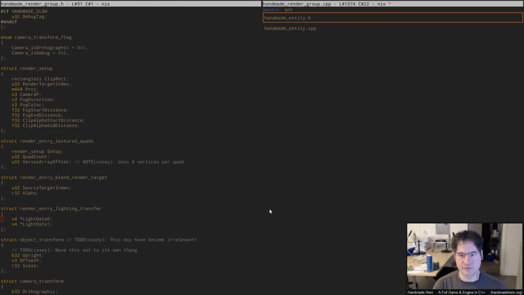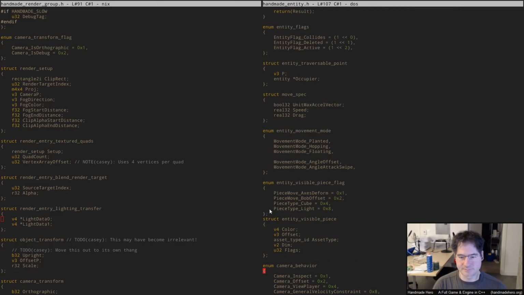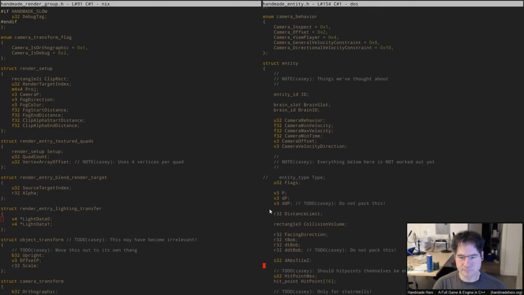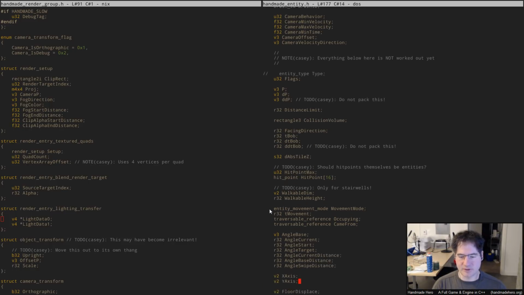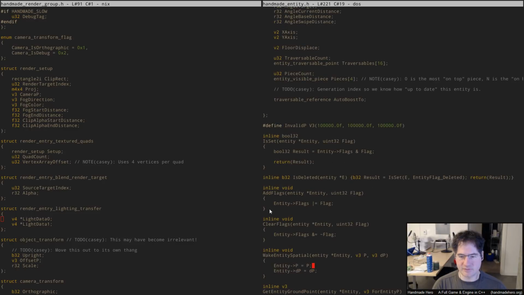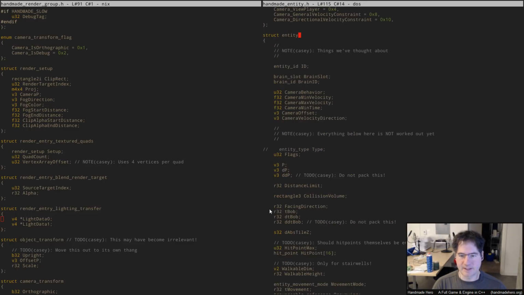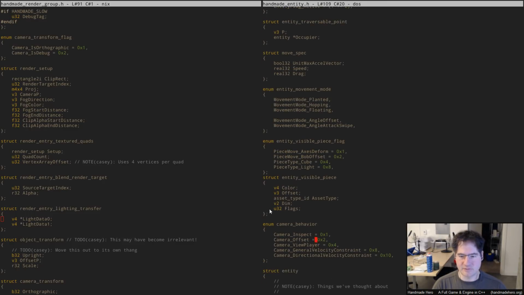Let's suppose I took a look at the entity struct. In here I basically said, these things have an array of these sort of pieces that you can put in here. Those entity visible pieces need to have a lighting index that goes with them.